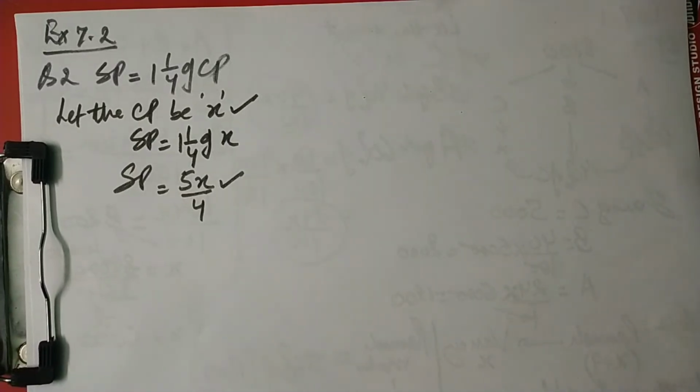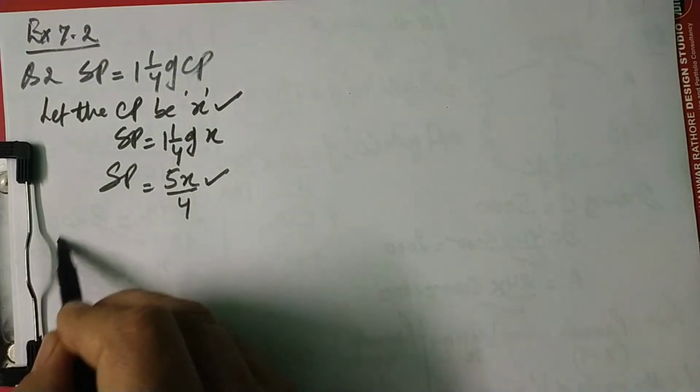So since gain percent is given, you have to use the gain formula. So how will you find gain? When do you make gain? When the selling price is more than the cost price. So since gain is given, the selling price will be more.